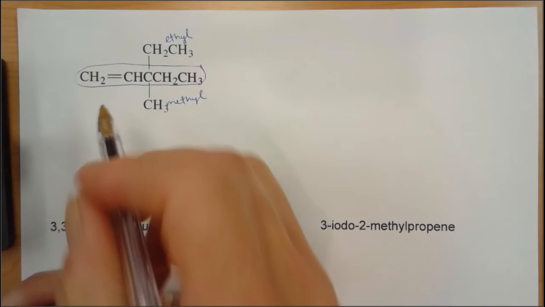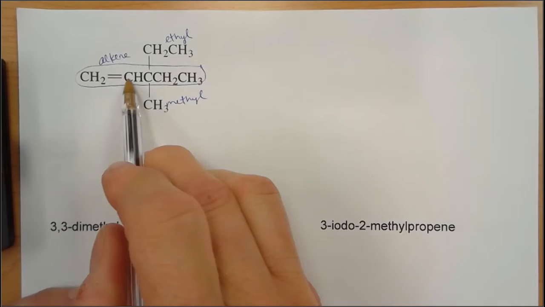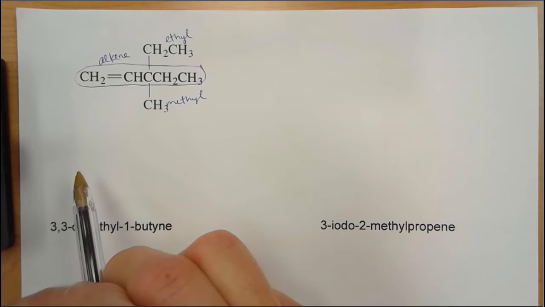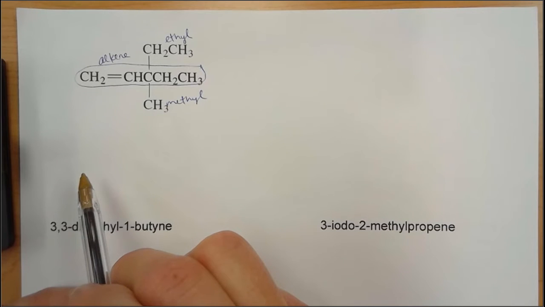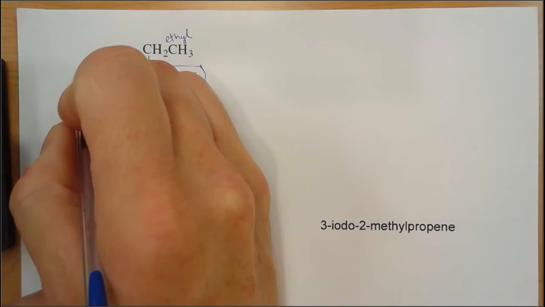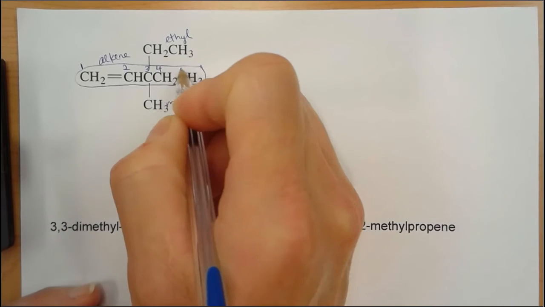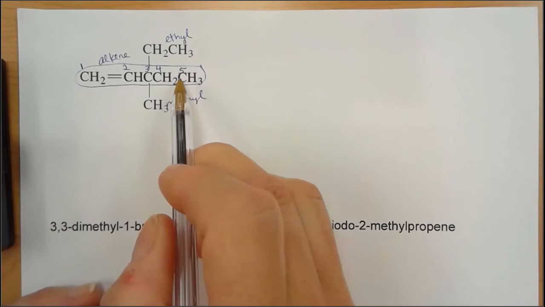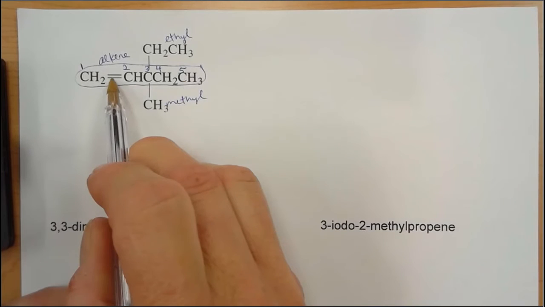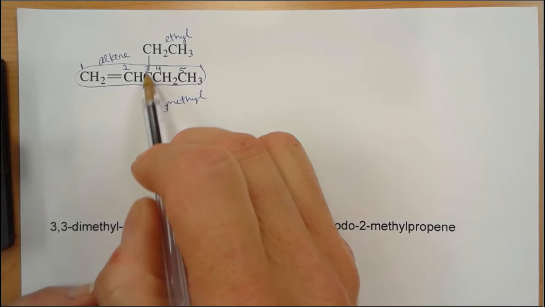This is an alkene, and it's a 5 carbon alkene, so that makes it pentene. We will have to number where the double bond is, so we number 1, 2, 3, 4, 5. We number in the left to right direction because we want the alkene to have the lowest number. I agree with you that if we numbered 1, 2, 3 from the other side, this would still be 3, so it makes no difference.